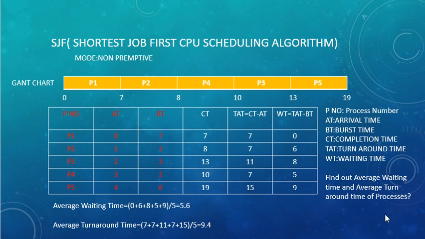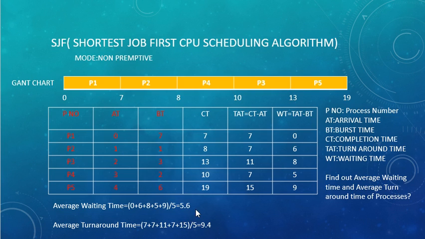Now, what is the question? Average waiting time and average turnaround time you have to find out for the processes. Average waiting time should be calculated by adding all the individual processes' waiting times: 0 plus 6 plus 8 plus 5 plus 9, divided by 5.